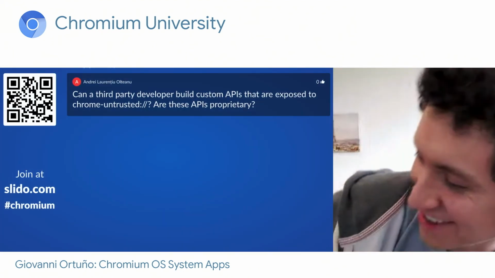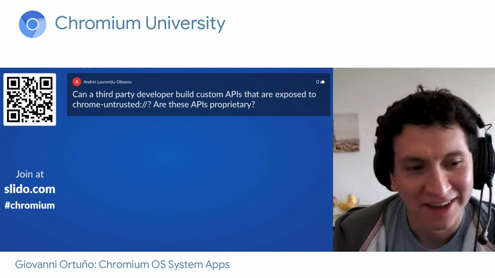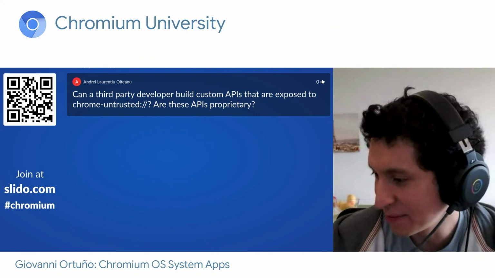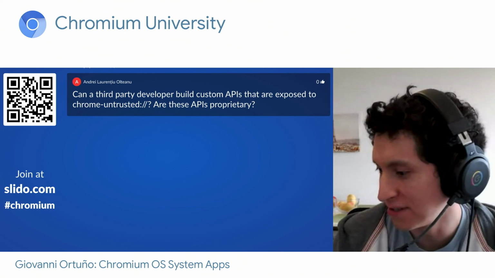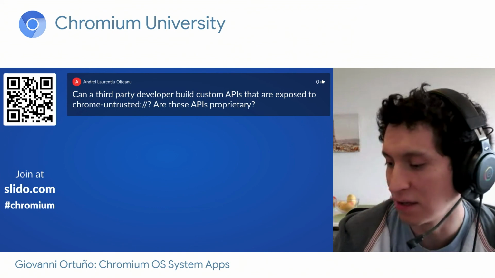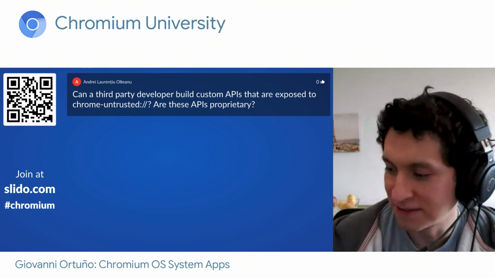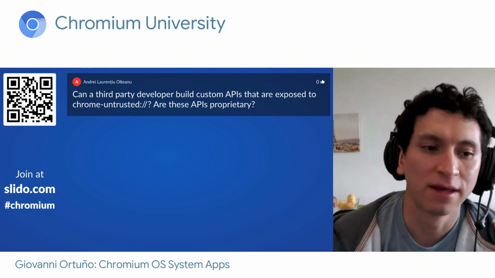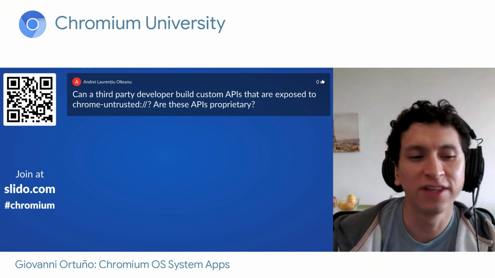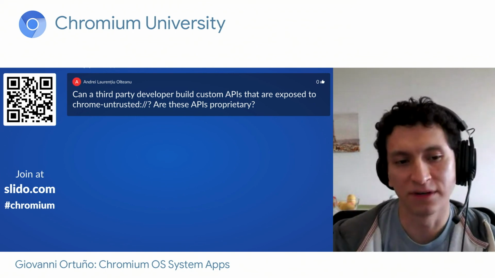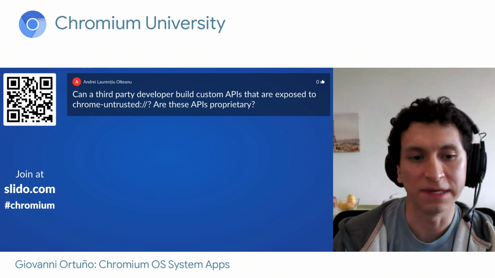Okay, so I have a question here. Can third-party developers build custom APIs that are exposed to Chrome and trusted? Are these APIs proprietary? So in the context of system web apps, it doesn't really make sense for a third-party developer to build APIs.